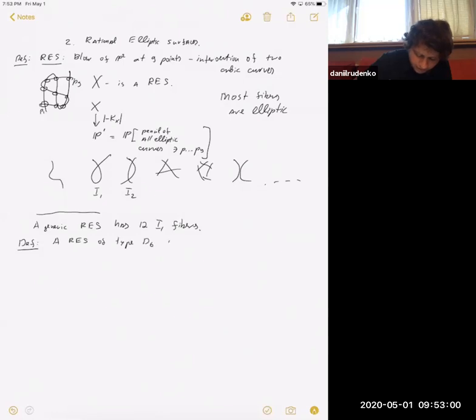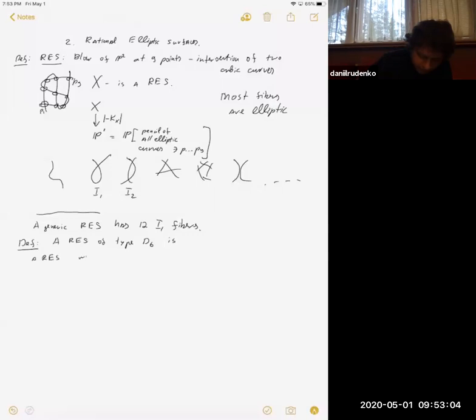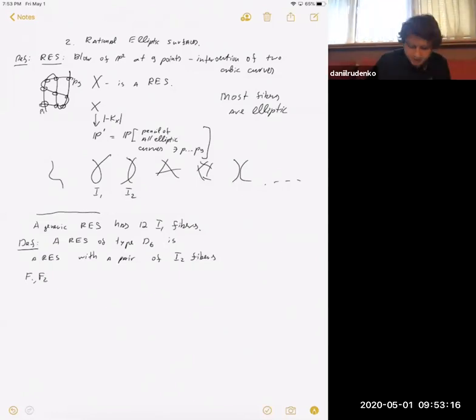A rational elliptic surface of type D6 is a rational elliptic surface with a pair of I2 fibers. Let me call them F1 and F2. And I consider it a part of the data. So basically, one can think of this surface. It has a map to P1. Most fibers are elliptic.